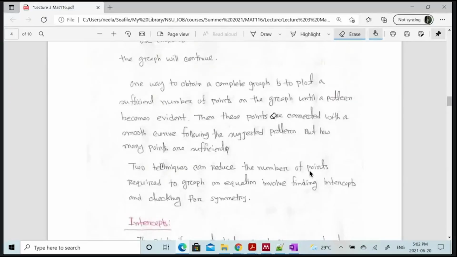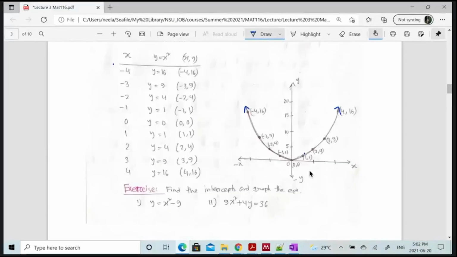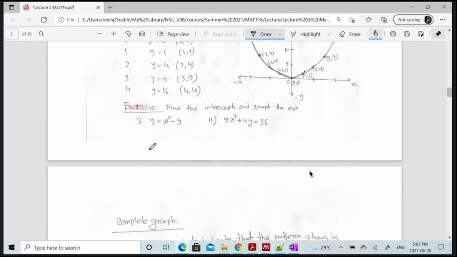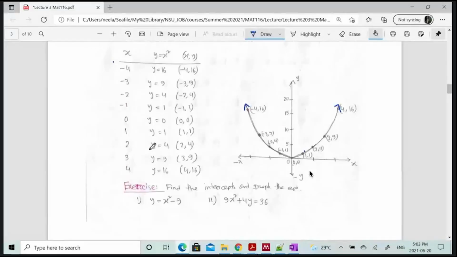And then we join these points with a smooth curve following the successive pattern. But the question is, how many points are sufficient? That's what I was talking about, that we don't know how many points we need to use in order to understand the pattern of it.